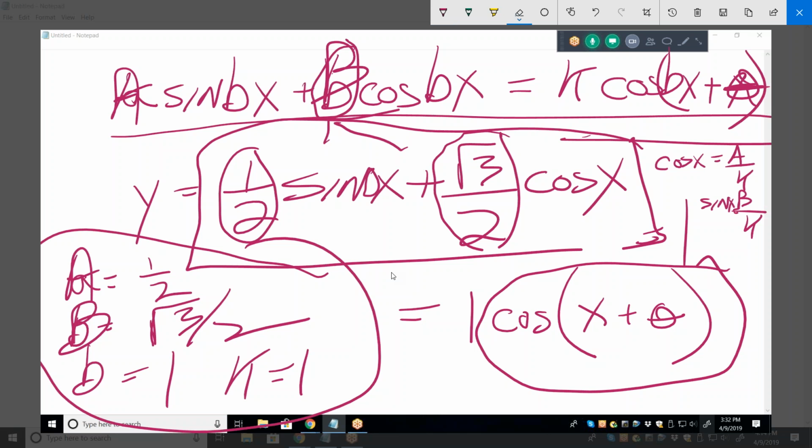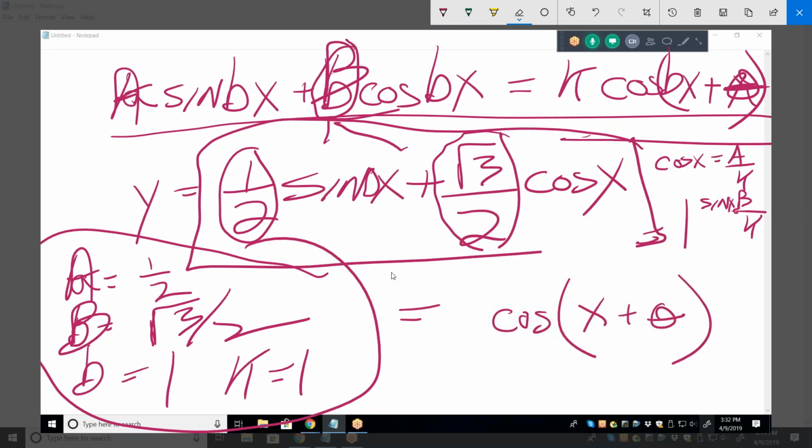That is the sum, right, that we're going to use? Well, we're looking at a sum of two angles, x plus theta. So that would be the cosine.